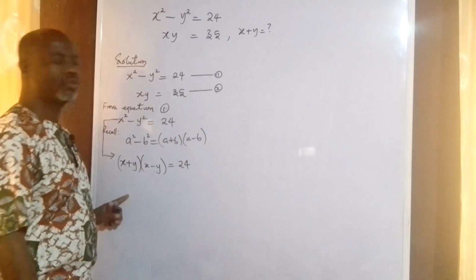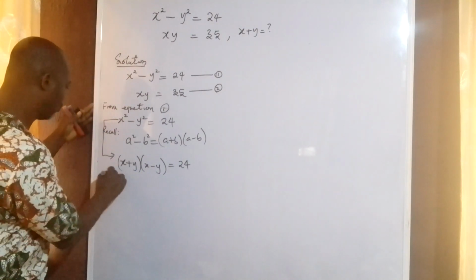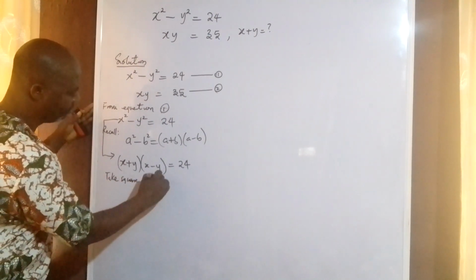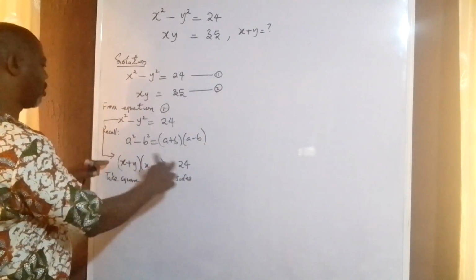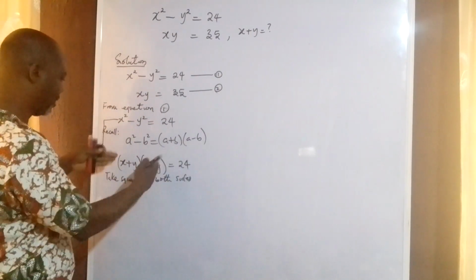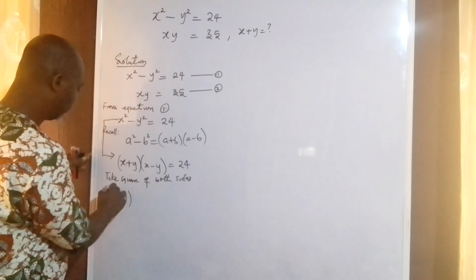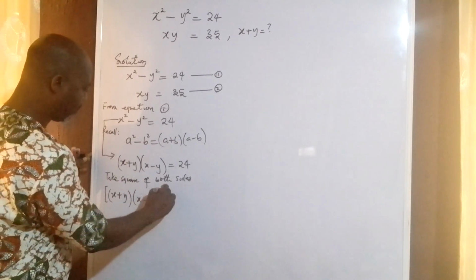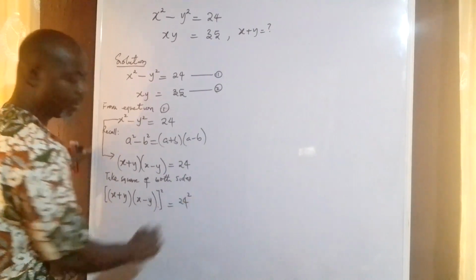There's something else we need to do here: I'm going to take the square of both sides, the right hand side and the left hand side. That will give me x plus y times x minus y, all squared, equals 24 squared.